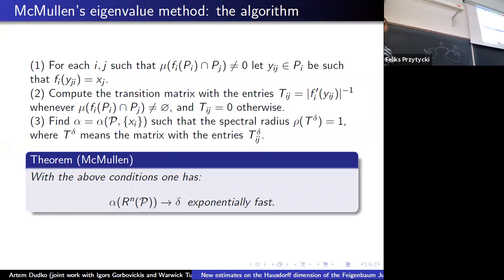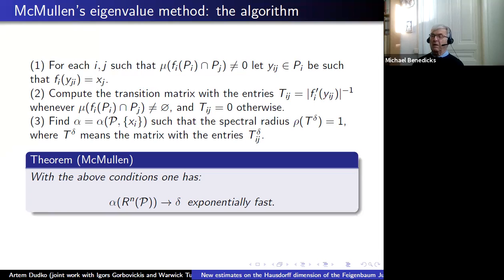And these numbers alpha will be the estimates for the Hausdorff dimension, for the dimension delta of the measure. Namely, with the above conditions, if we have our initial partition P, we take its nth refinement, we take for this refinement delta, for which the spectral radius is equal to 1. So this will be our number alpha of R^n P, and these numbers will converge to the dimensions.